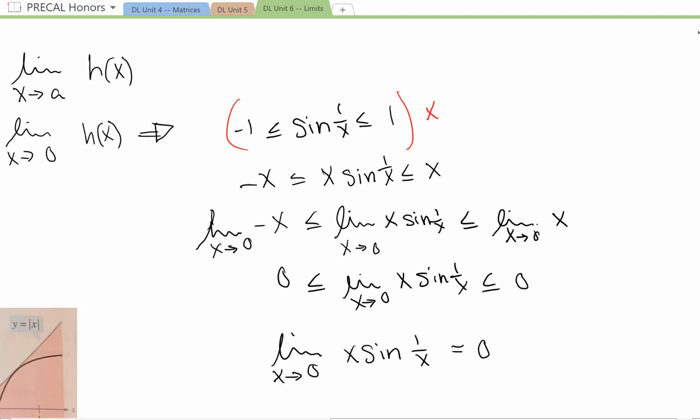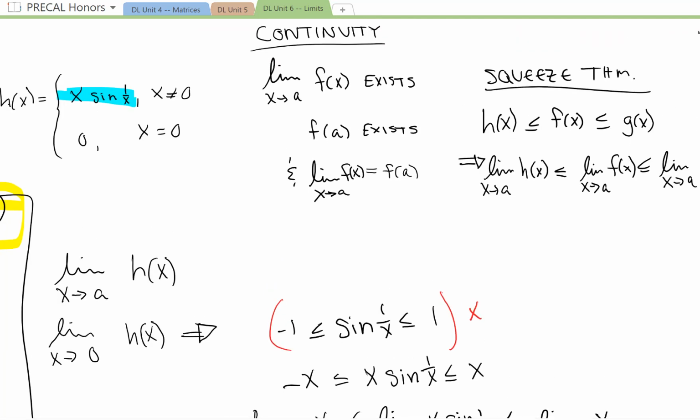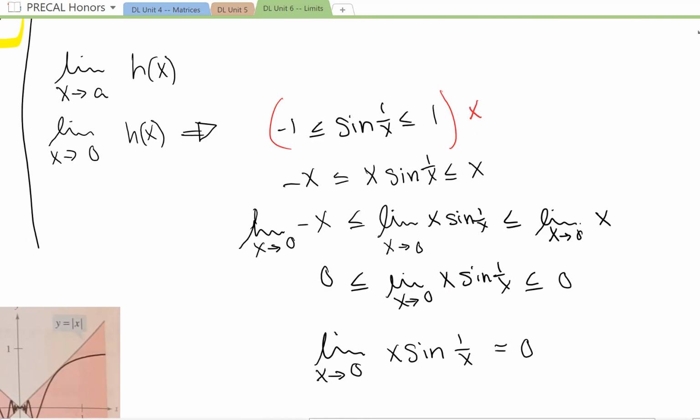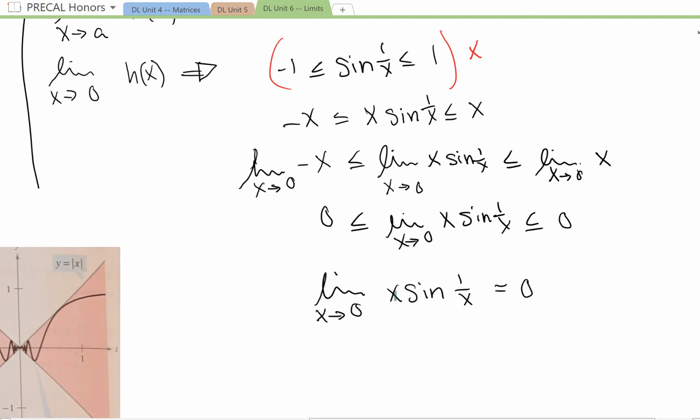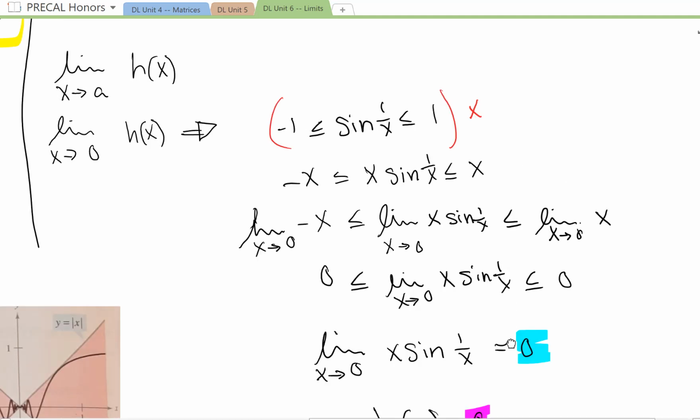The piecewise function also gave us the value at 0, which is 0. So if the limit at a is equal to the value at a, h of 0 is also equal to 0, then this is a continuous function.